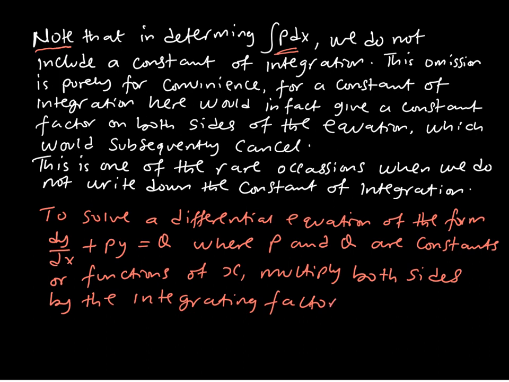So we multiply both sides by the integrating factor, and the integrating factor will always be e to the integral of p by dx. The equation is always of this form, dy by dx plus py is equal to q.